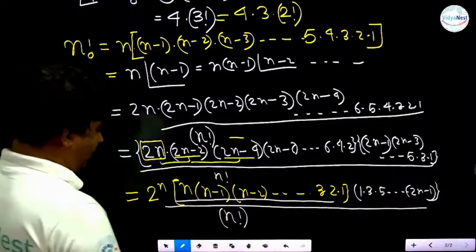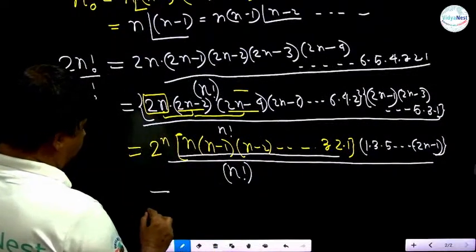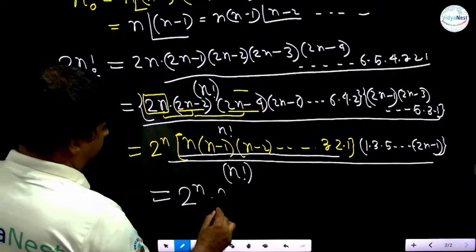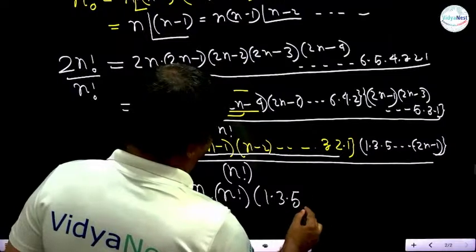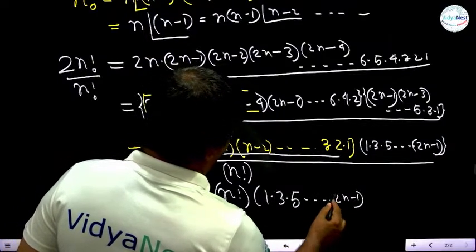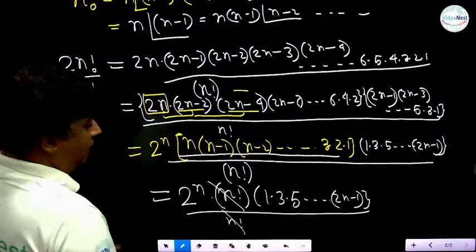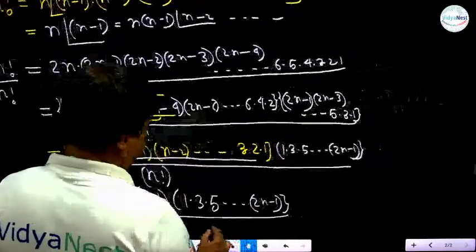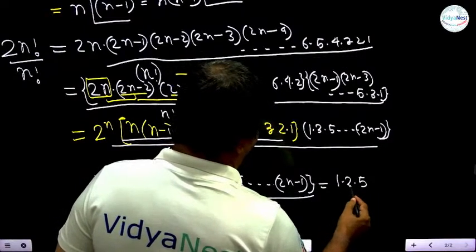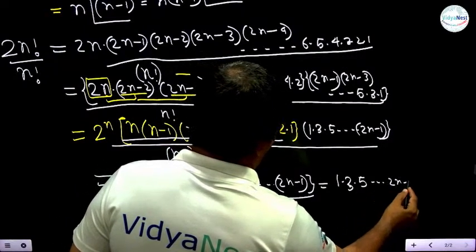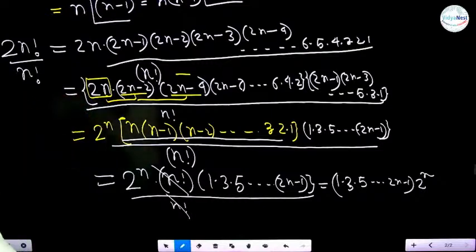Then the factorial n in the numerator by factorial n in the denominator will get cancelled, and this is the simplest version of that expression.